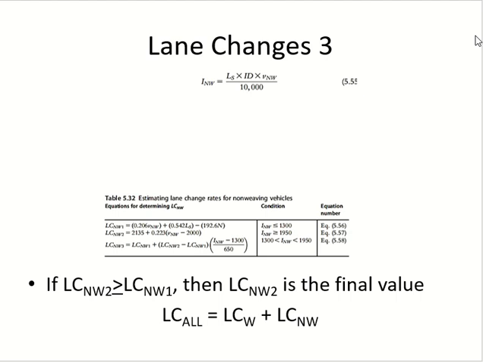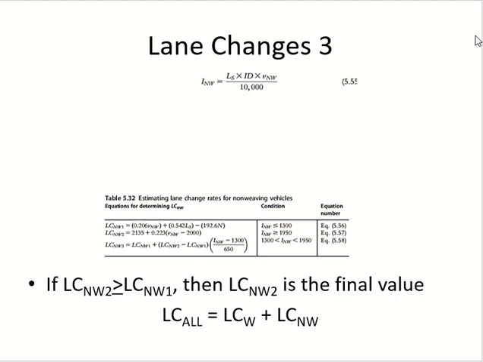So if my case was the first one, you will calculate both of them and compare. If you meet this condition, then you have to use the second one. If your case was the first one, then you have to calculate both of them and compare, and you will use whichever is higher.